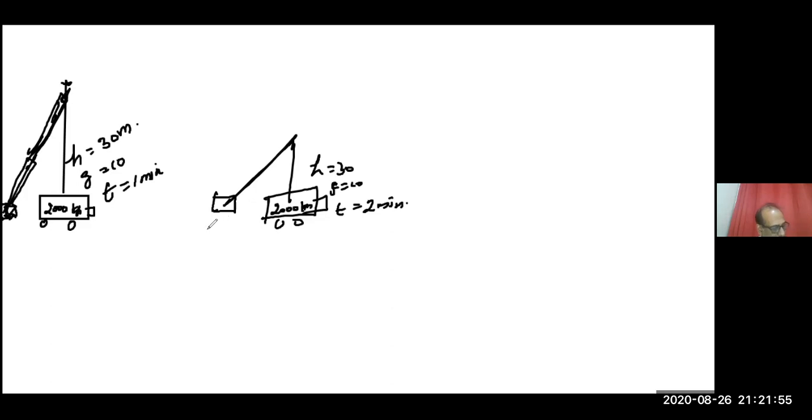Do the cranes consume the same or different amount of fuel?